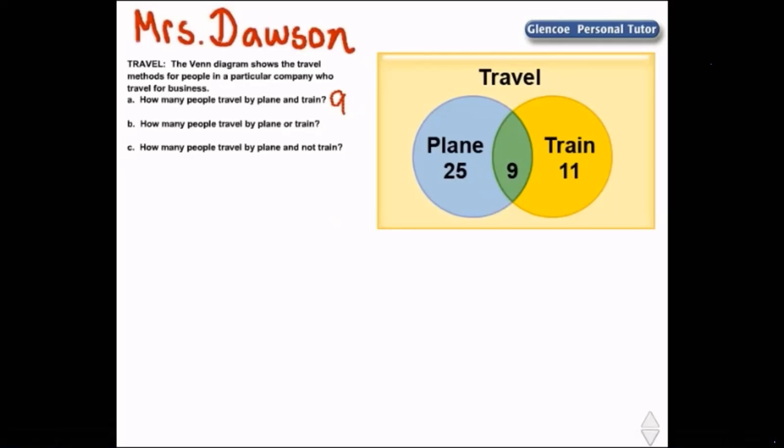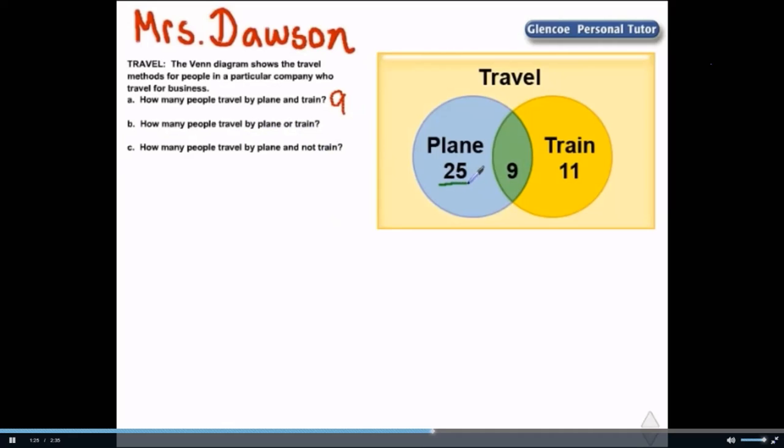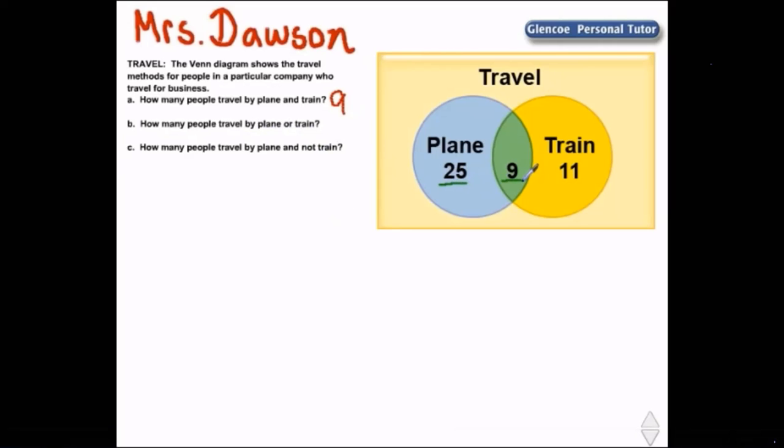Part B. How many people travel by plane or train? In this case, we are looking for the union of the sets. There are 25 people who travel only by plane, 9 people who travel using both planes and trains, and 11 people who travel only by train.